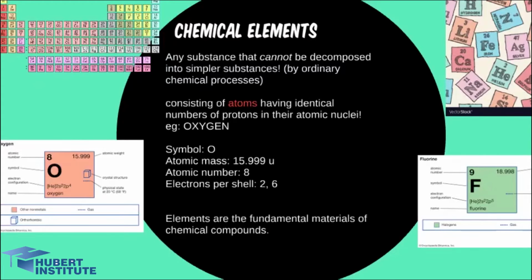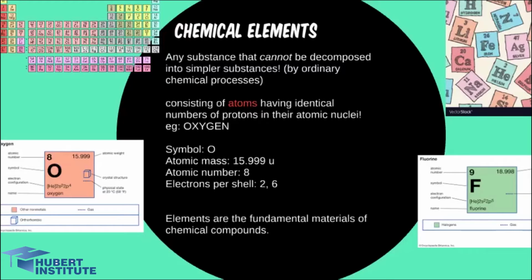For example, oxygen is very basic and fundamental: 20% of the Earth's atmosphere is oxygen, and it is needed for life. What is the symbol? It's O. Some other specifications are defined next to the element, which are really important, and we need to know them to define the element.